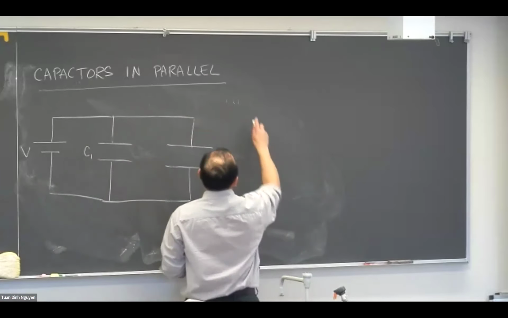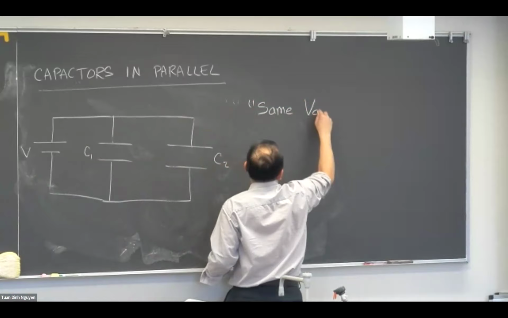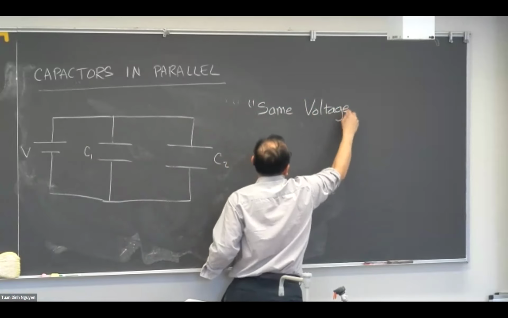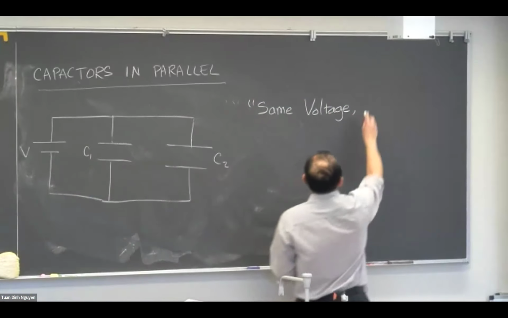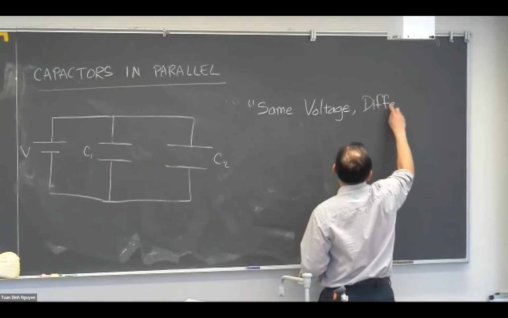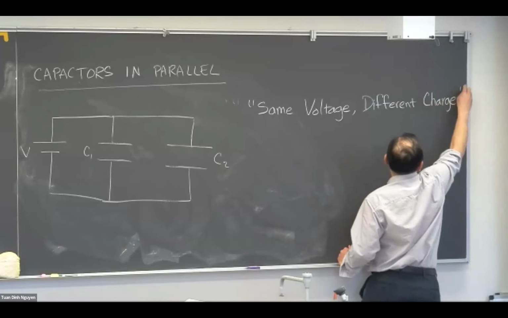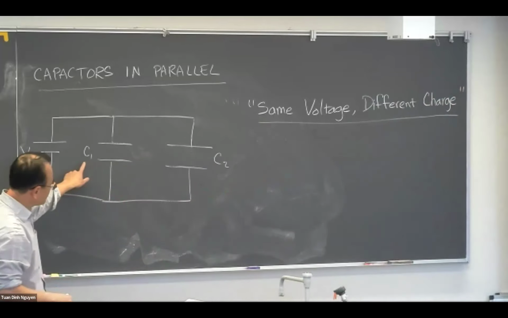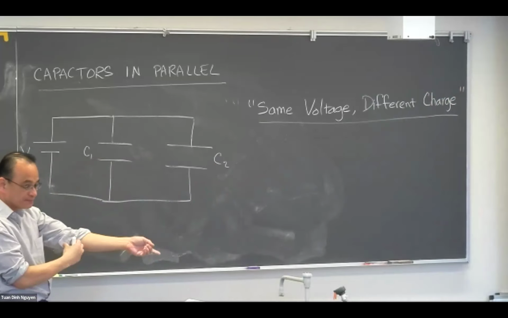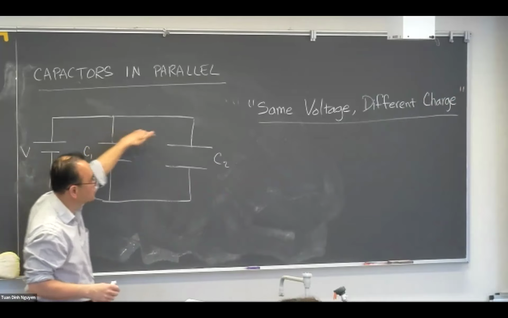So develop a little phrase: parallel means same voltage, but different charge. What does that mean? Well, we're assuming these two capacitors have different values. Because they're different values, different charges will accumulate.